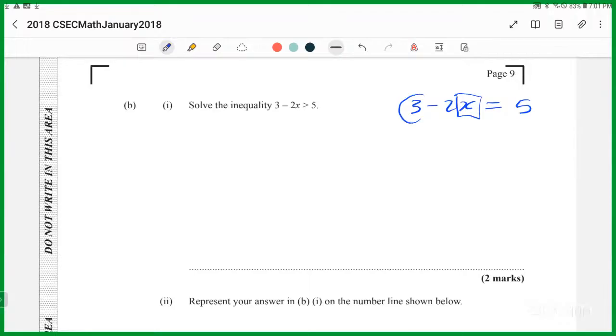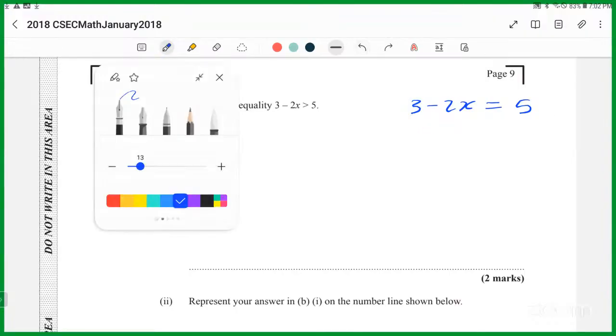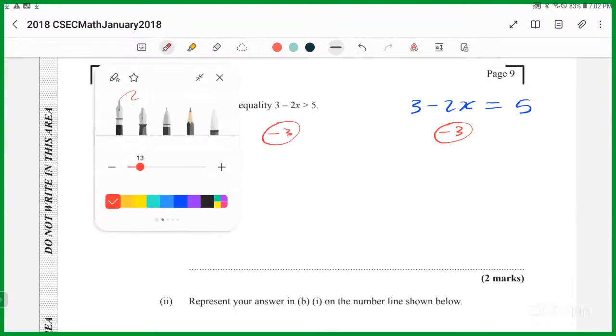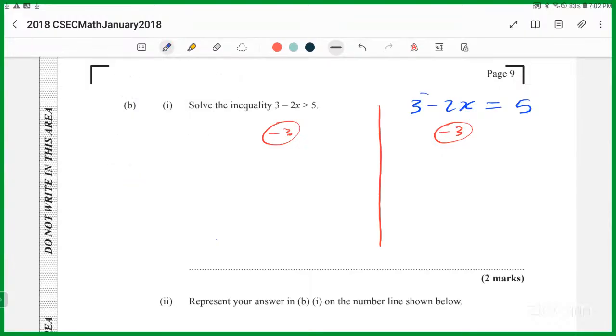Now, if we are solving this, we basically want to transpose everything away from the x. So we need to move this 3 and we need to move this negative 2. Order of operations suggests that we move this 3 first by bringing it over, subtract. Theoretically, you're subtracting 3 from both sides, and the same thing you have to do with this one. Let me separate the page. If I subtract 3 from this one, I'm left with negative 2x equals, and then 5 minus 3 is 2.